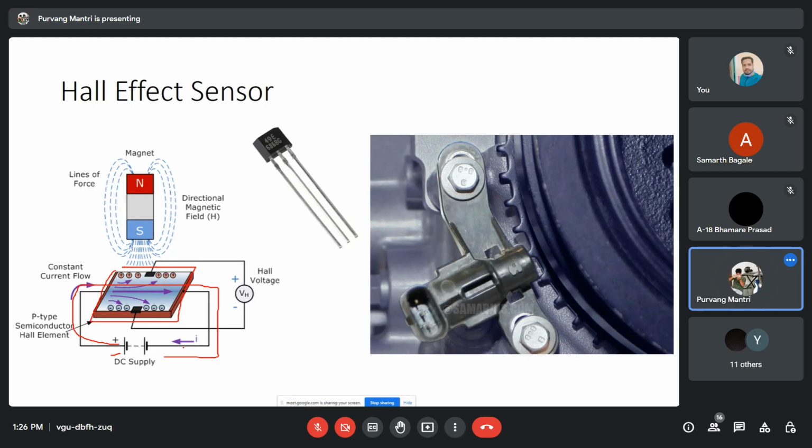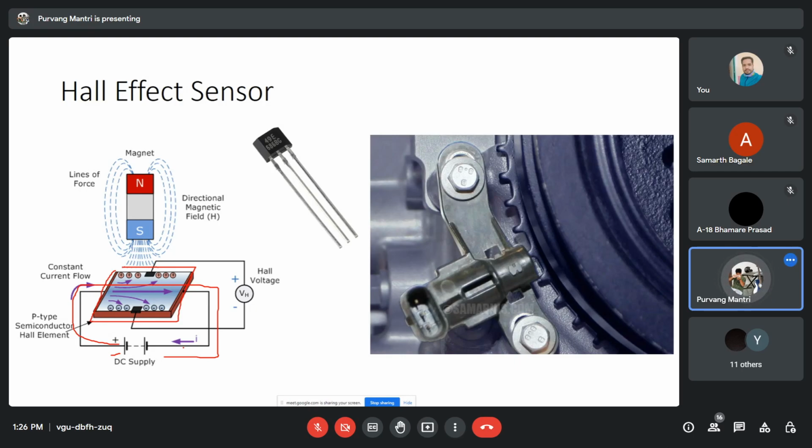This type of sensor is used in positioning or speed sensors. Many mechanics would have told you that your ABS sensor needs to be changed. They are technically changing the Hall effect sensor. The Hall effect sensor is used for measuring the speed of our wheels or the speed of any shaft.